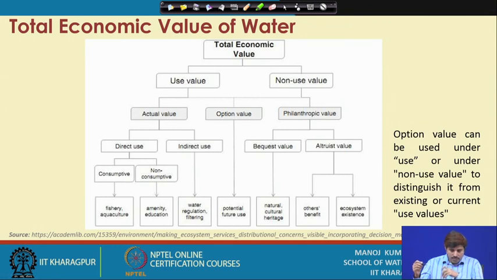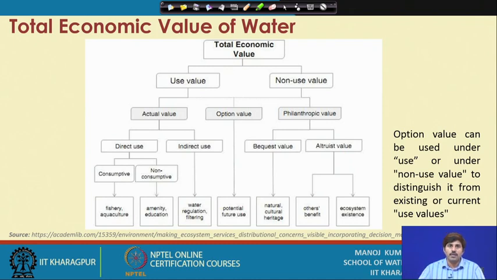The gross classification of use and non-use values says that use values would basically be the actual value, whereas non-use values are primarily the philanthropic values. Now, the option values, as we said, could at times be considered under use or under non-use, to distinguish them from existing or current use values.